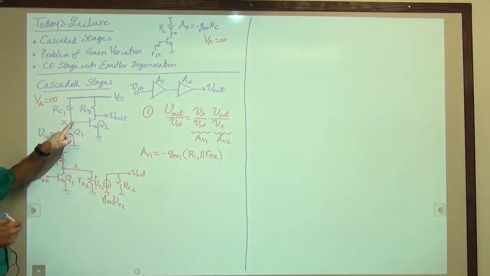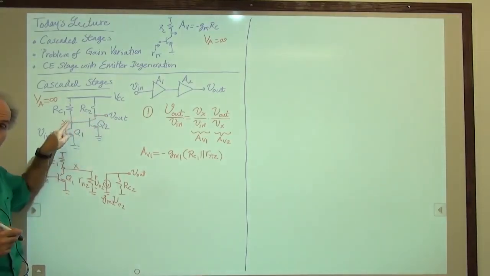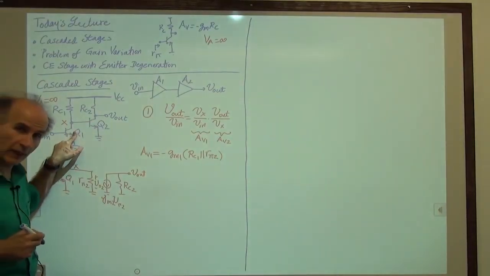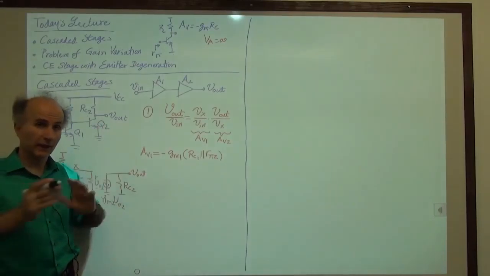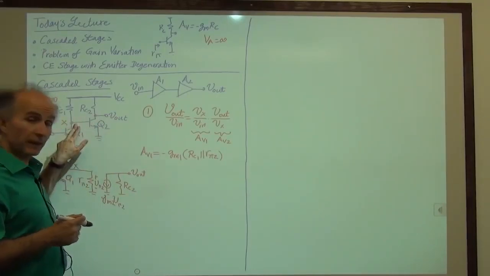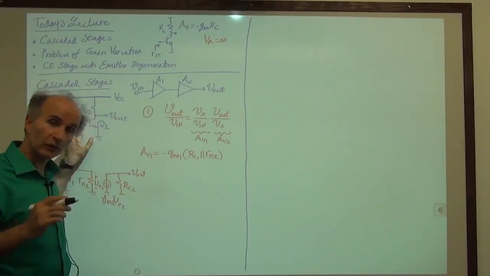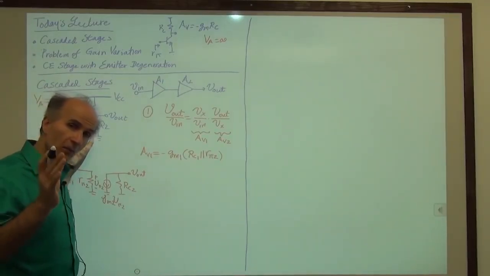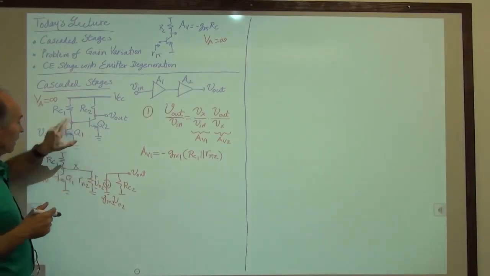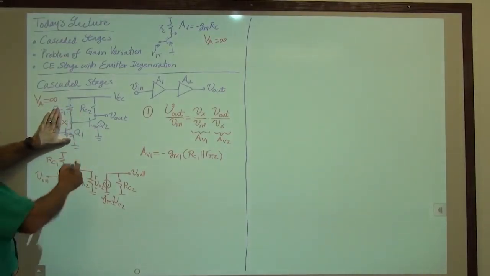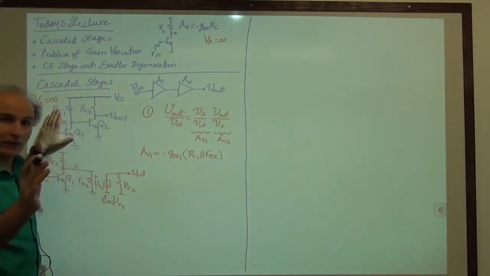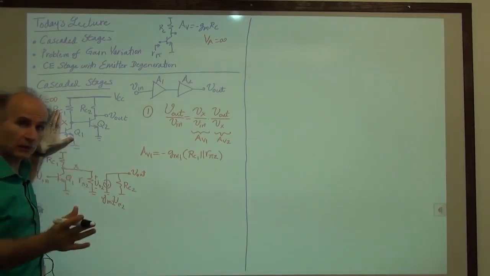AV2 is the voltage gain from here to here, meaning V out over Vx. How do we find V out over Vx? In any circuit, anywhere in the world, if you're required to find V out over Vx, you are allowed to place an ideal small signal voltage source from X to ground, meaning that suddenly all of this disappears and you can say V out over Vx is that of this basic common emitter stage without any source impedance, without any load impedance.